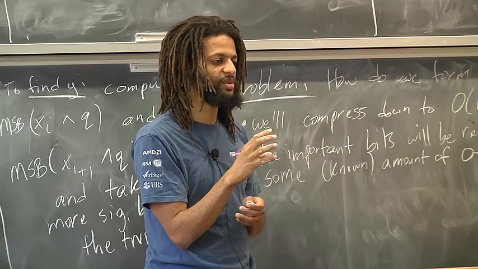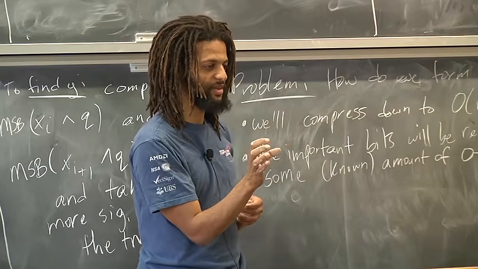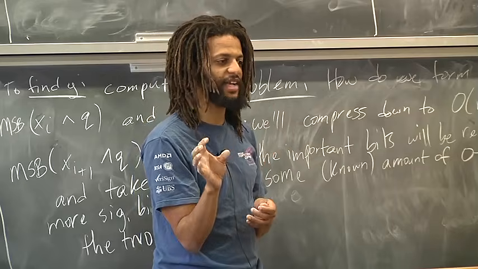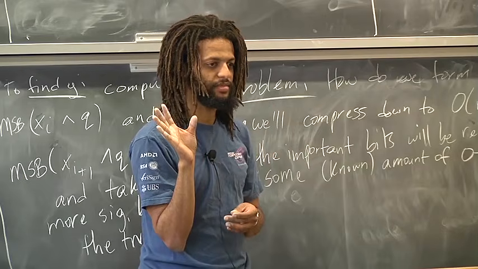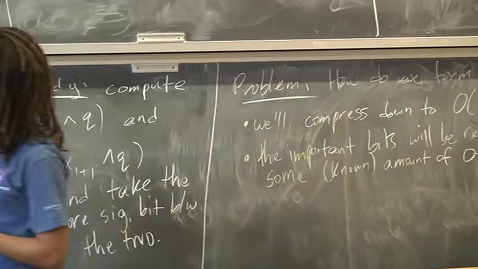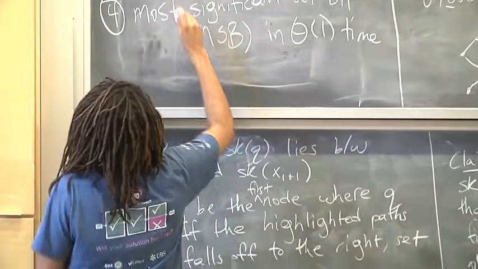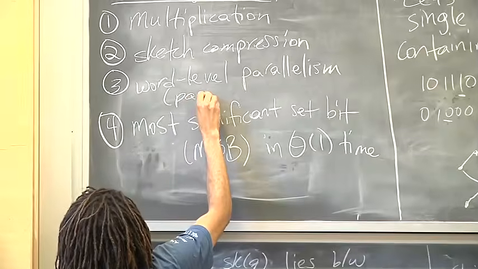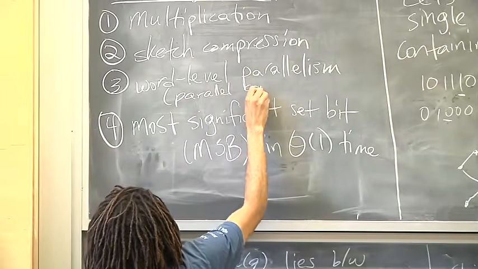I haven't told you what exactly we're going to store in that node, but it's going to involve the sketches of those x_i's. Okay, and we're going to get there soon. So this word level of parallelism is to do kind of parallel comparison.